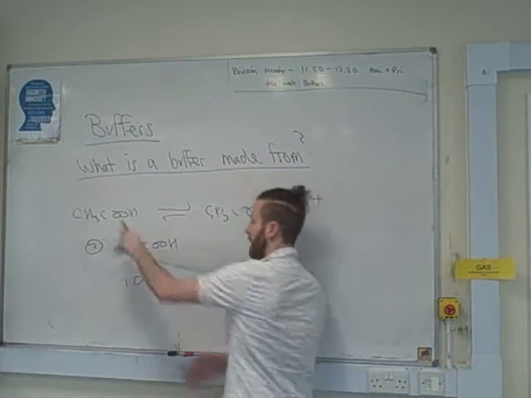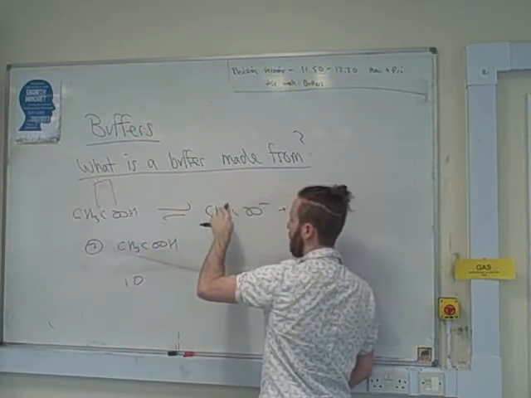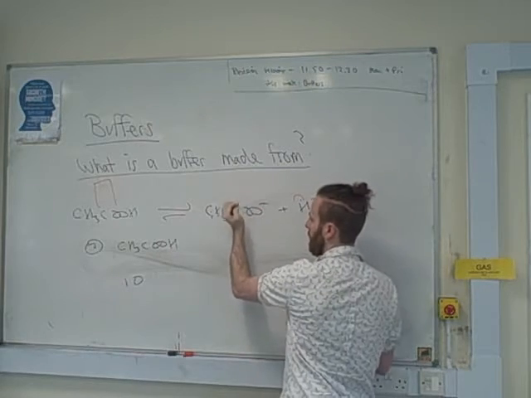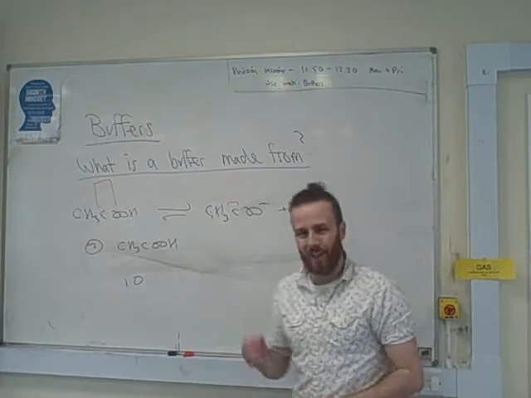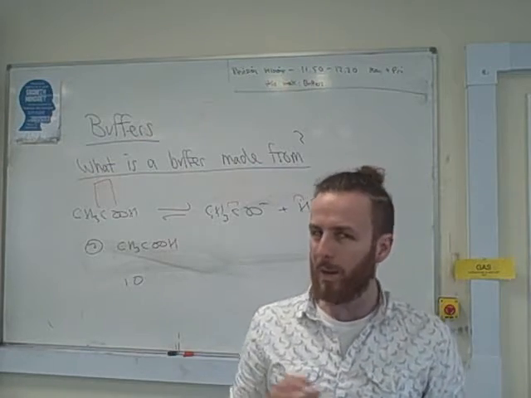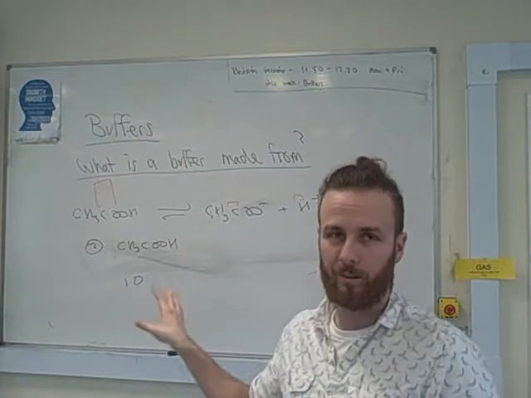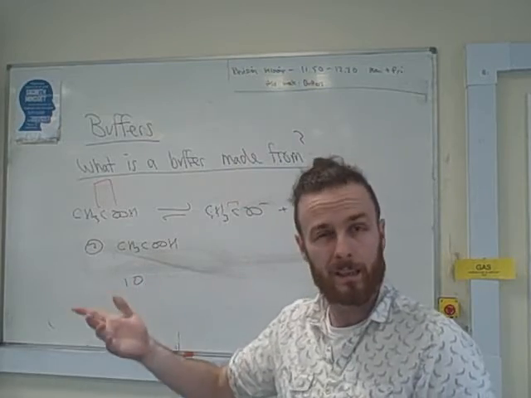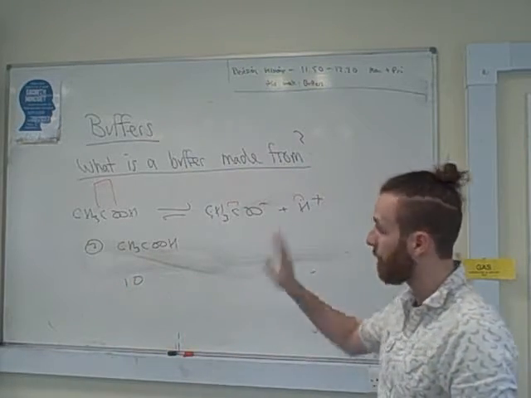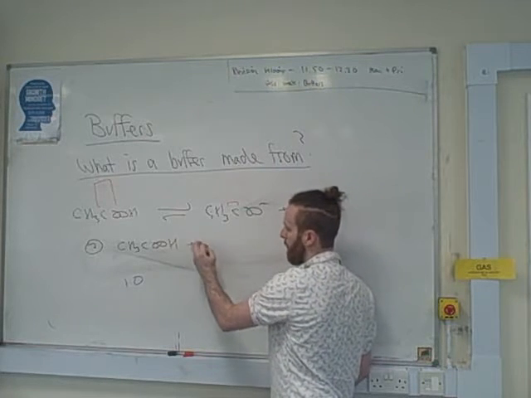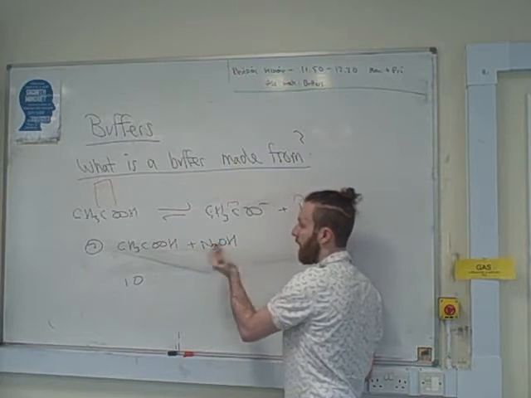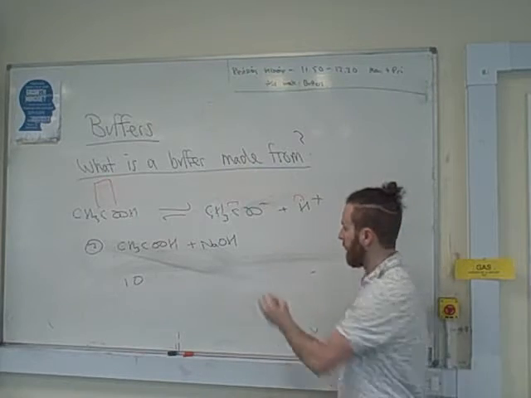I now have a large amount of weak acid, and a little bit of that, and a little bit of that, for the same reason as before. What we can then do, and the reason this is sneaky, is nobody ever realises this produces a buffer. It's hard to spot, so really watch out for this if it's anything to do with buffers or acids in general. Let's say I added a base, a strong base like sodium hydroxide.